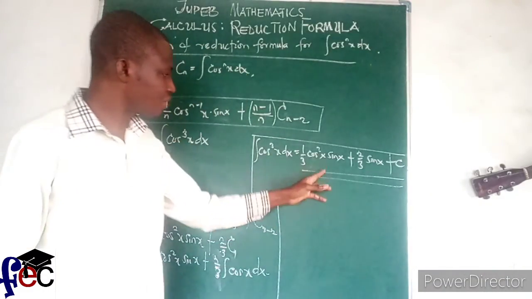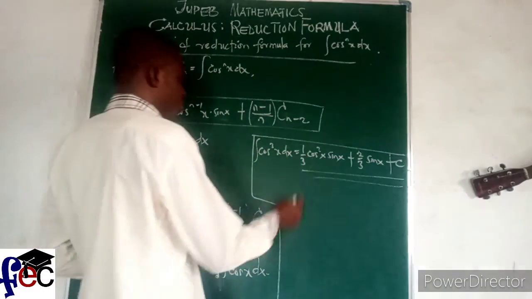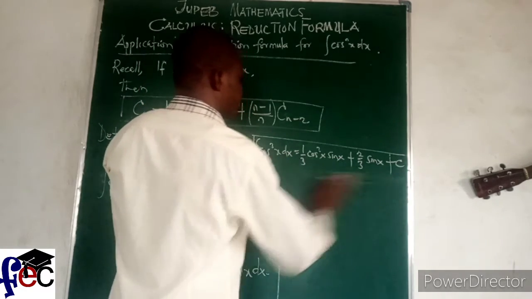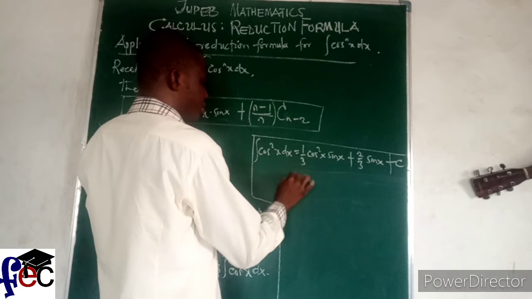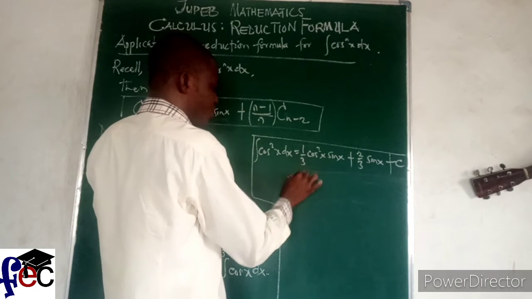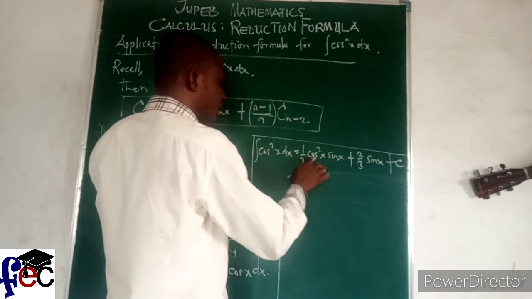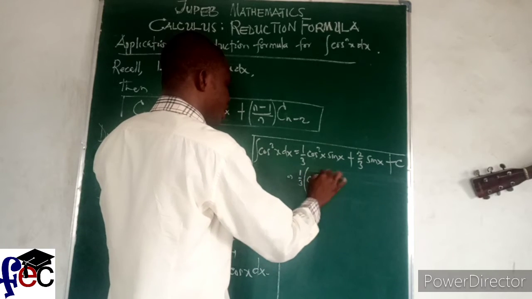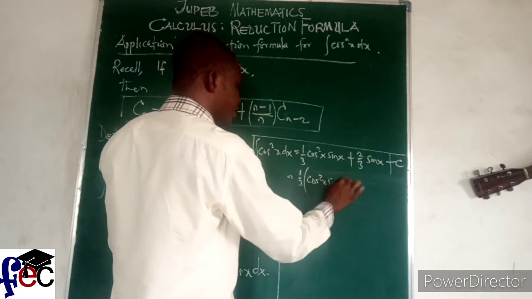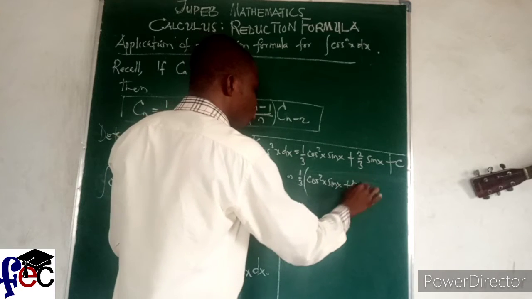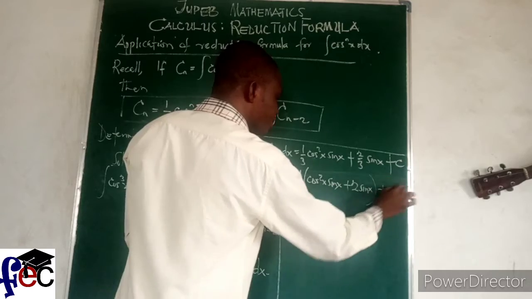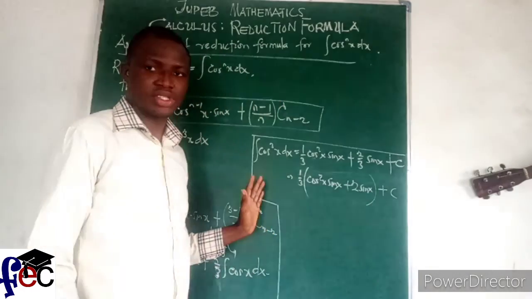Except if you now want to factor out 1 over 3, another expression is 1 over 3. When you factor that out, you have cos square x sine x, then plus 2 sine x. So you can close it up plus c. Do you see it now?